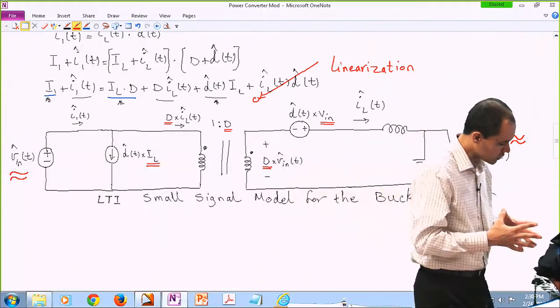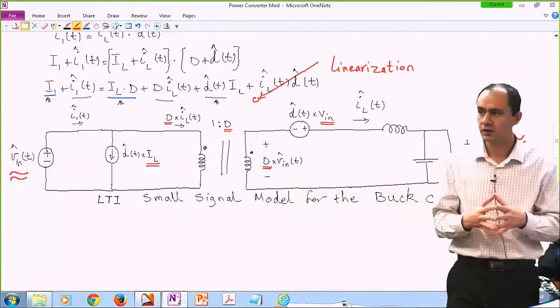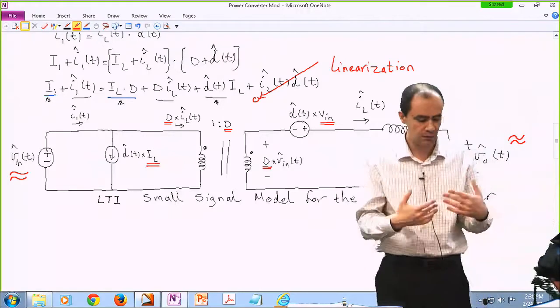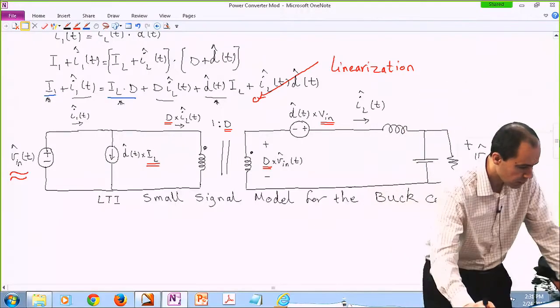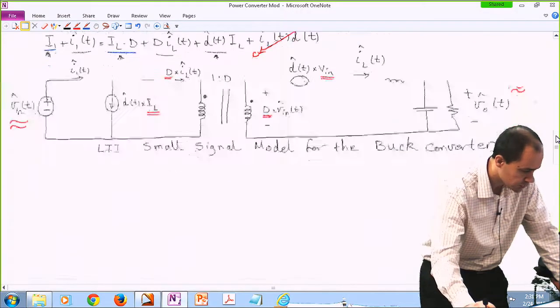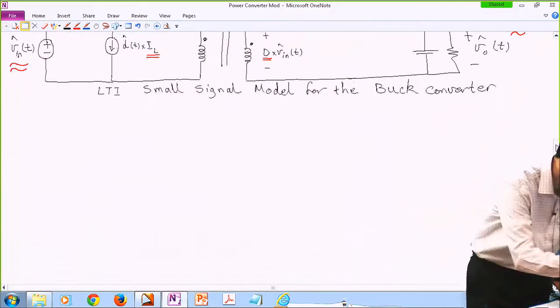All right. So remember, this was for the buck converter. Now I'm going to generalize this into a small signal model for a single pole double throw switch.